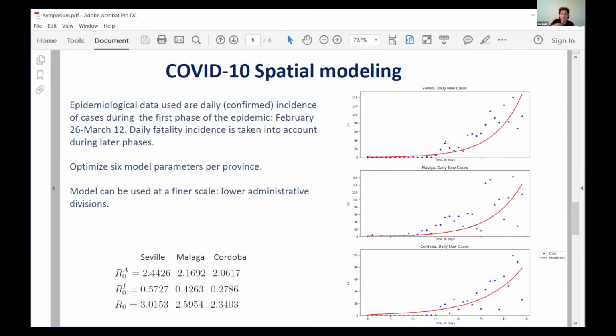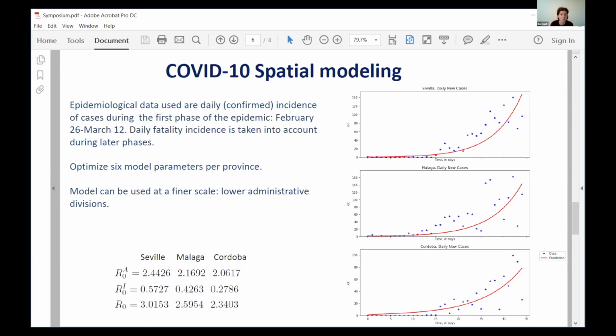And next, here are some results from our optimization. We are using daily confirmed incidence of cases, especially for the first phase of the epidemic. There weren't that many fatalities back then.